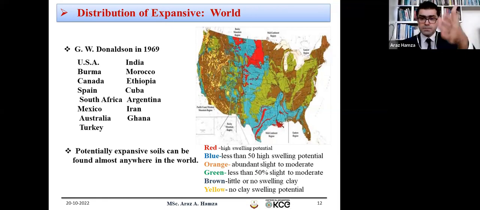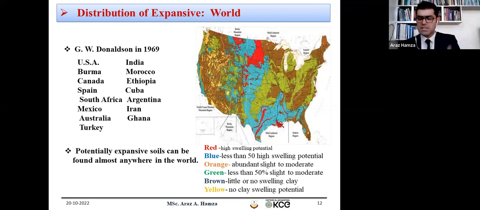And also, regarding the volume or level of expansive soil, because expansive soil, again, can be categorized into some levels: high swelling potential, low swelling potential, and medium swelling potential. The red color represents the high swelling potential in those countries, and the blue is less than 50.